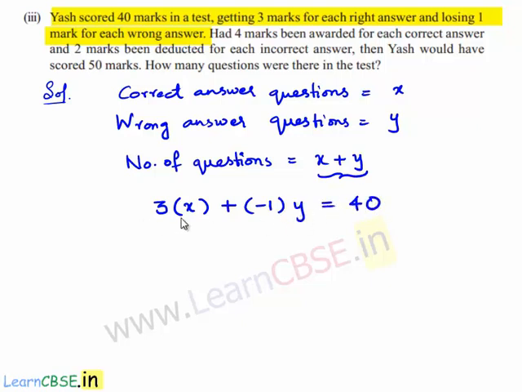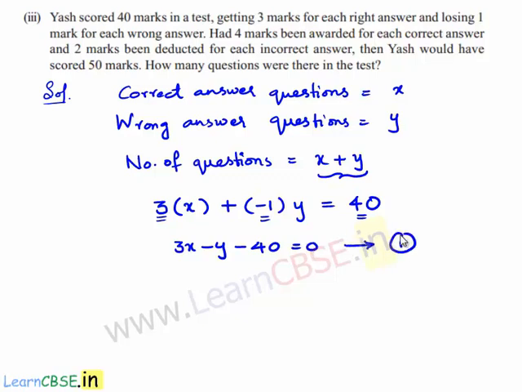This is because for each correct answer 3 marks will be given and for each wrong answer 1 mark will be reduced. So the total marks would become 40. This equation becomes 3x minus y minus 40 is equal to 0. Name this equation as number 1.